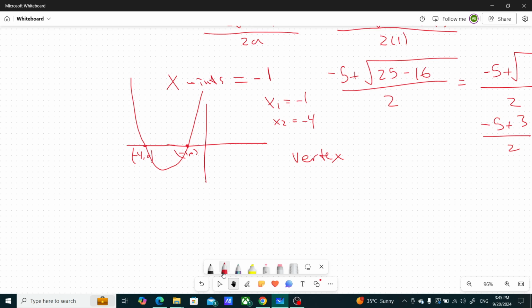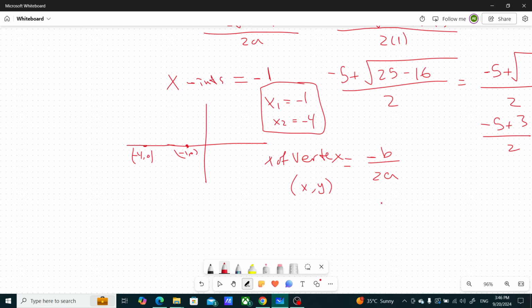So now we found our roots. Now we need to find the vertex in order to solve. So vertex has a formula which is very easy. Vertex is a point at the end of the day, so it has an x and a y. So the x coordinate of the vertex is given by this formula, minus b over 2a.